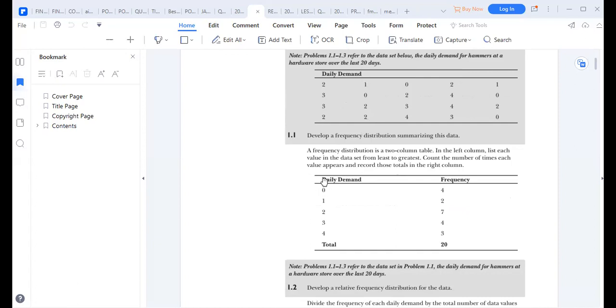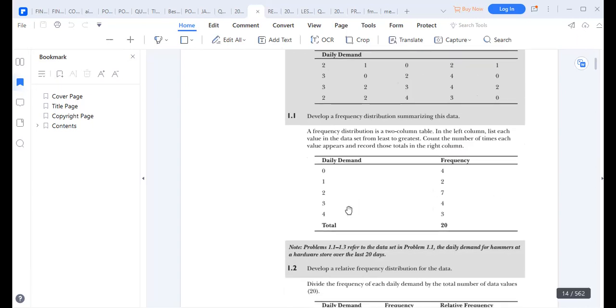So our daily demand here, we had numbers starting from 0, 1, 2, 3, and 4. So if you count how many zeros we have, there are 4. How many ones we have? There are 2. How many 2s we have? There are 7. How many 3s we have? There are 4. How many 4s we have? There are 3. So this is how we came up with a frequency distribution table.